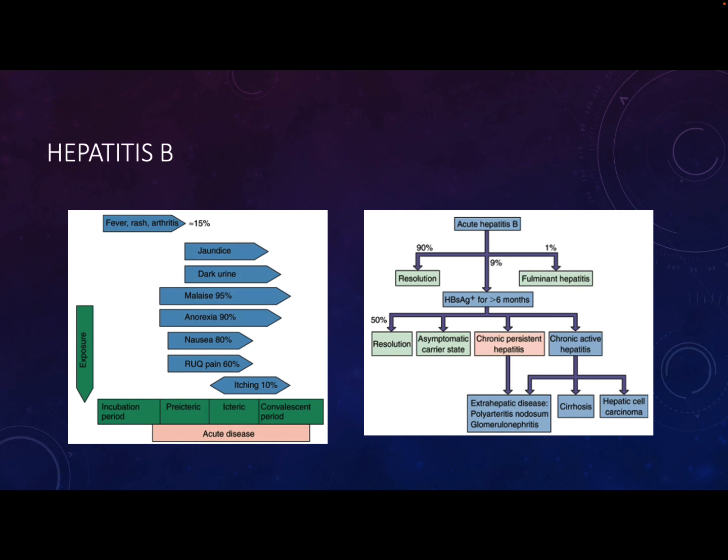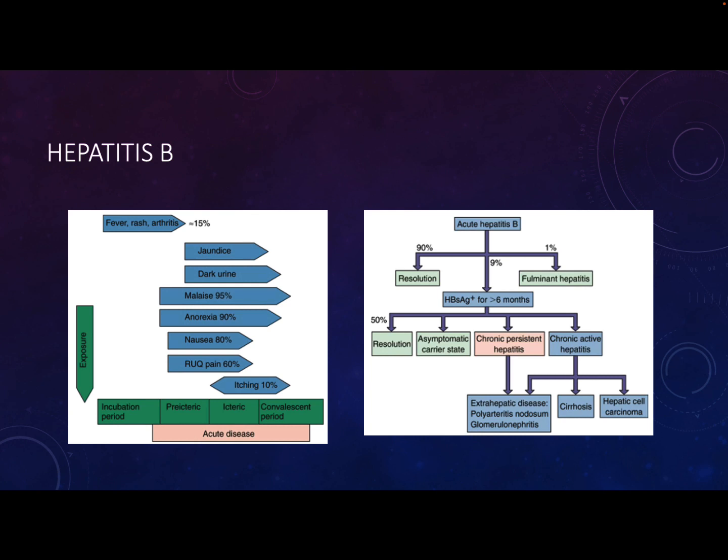Now, the majority of patients with hepatitis B, 90%, will resolve the infection on their own. 1% will develop a very aggressive fulminant form, which basically means it could be immediately fatal. 9% or so will develop what we call chronic. 50% of those will resolve it. Some of them will be asymptomatic.